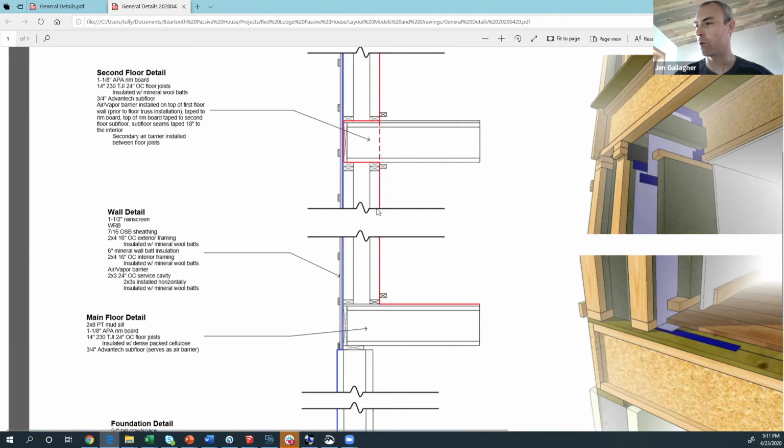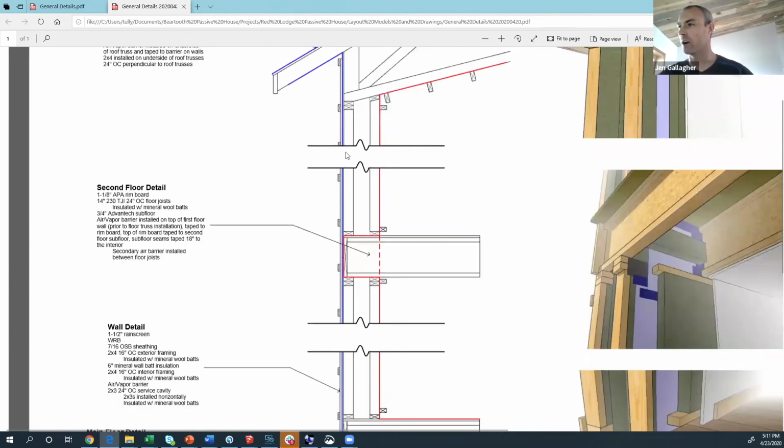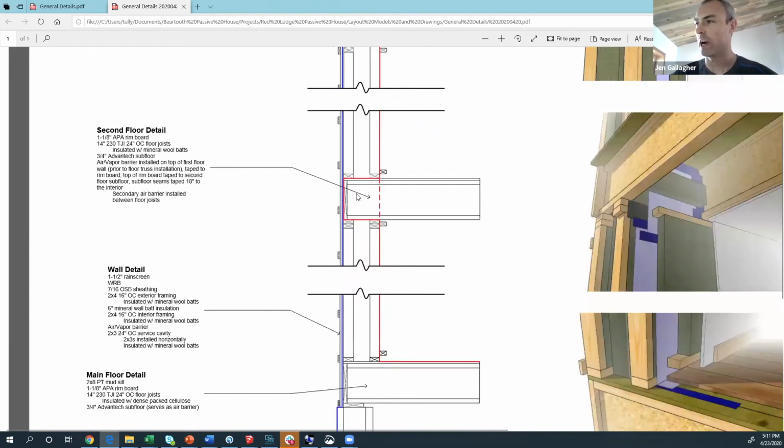Okay, so now if we move up, in our construction system, this transition for our air barrier out and around the floor joist is probably the most, and it's not even complicated, but you had to think through it. You just couldn't address it afterwards. Because our exterior wall was structural, our floor joist for our second floor system had to sit on that wall.